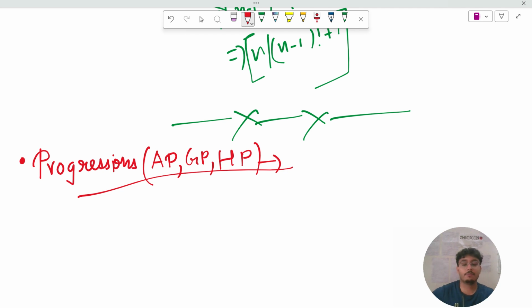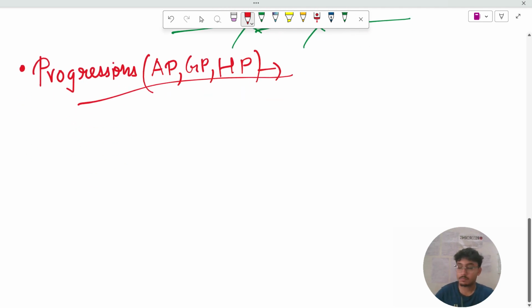First, we'll be starting with the easiest one, which is arithmetic progression, where my numbers are in the form of sums or differences.